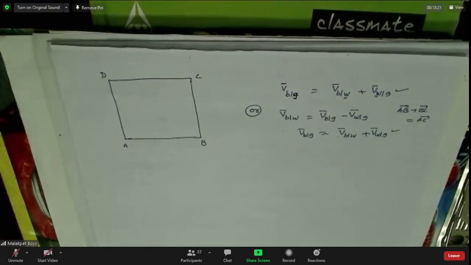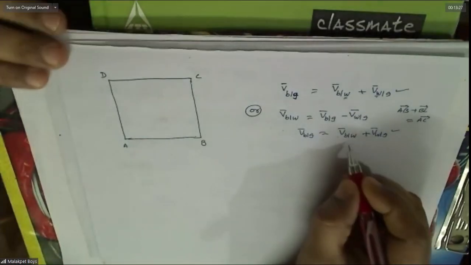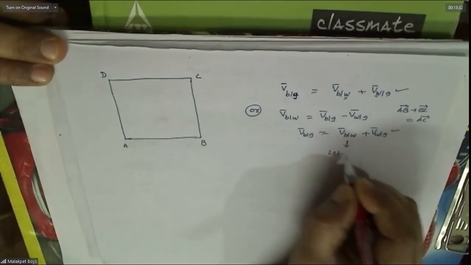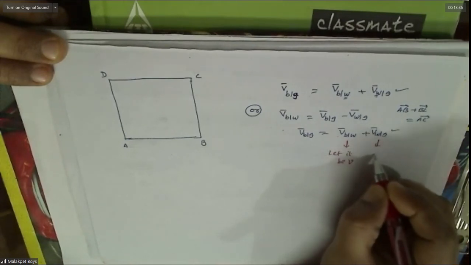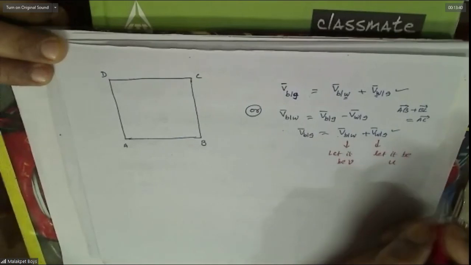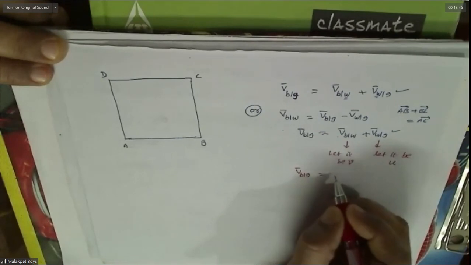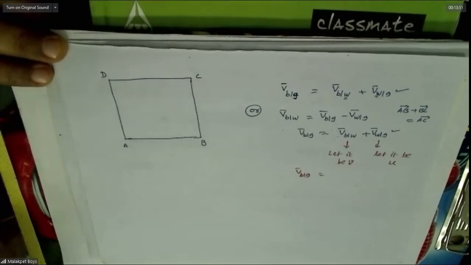So here he did not give anything. Did he give anything? Only N is given. Let this be some V and this let it be U. Okay, so you have velocity of bird with respect to ground as V. In which direction is wind blowing?